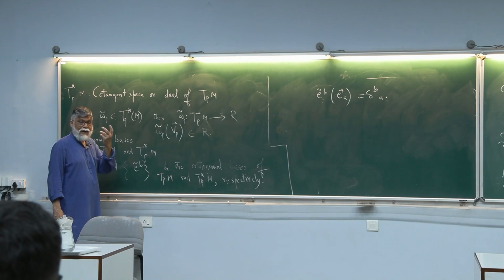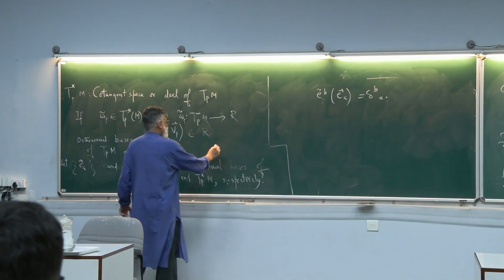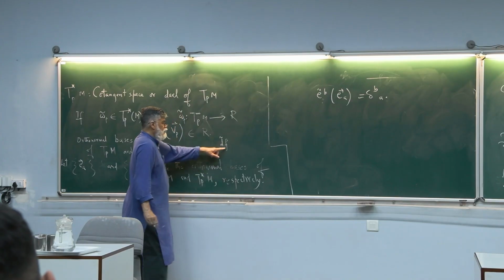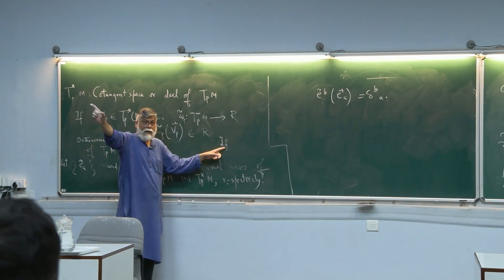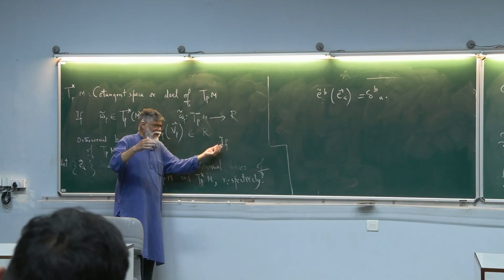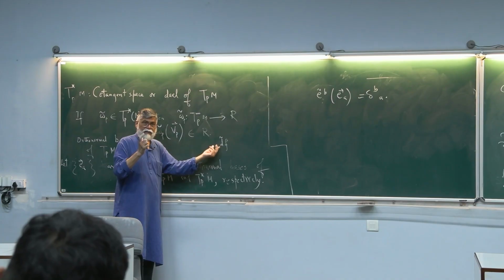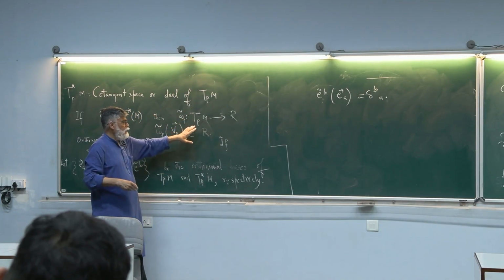One particular kind of element of the dual space, the cotangent space, is denoted d of f. What is f? f is a smooth function from the manifold M to the real numbers, and we will talk about this later on.